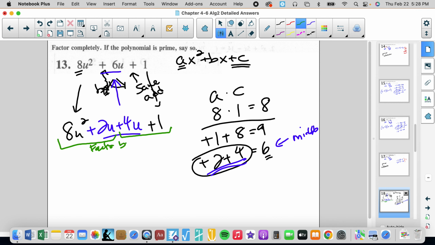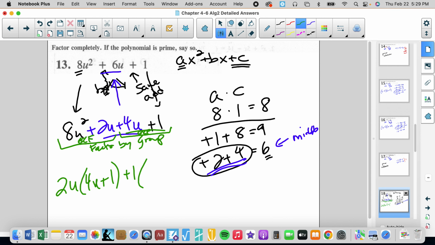Factor by grouping, meaning we look for the GCF between these 2 terms and the GCF of these 2 terms. So 8u squared and 2u, I'm going to factor out a 2u. That leaves you 4u plus 1. When I have 4u plus 1, oh wow, they start off with a tricky one. I'm going to factor out a 1. There's no GCF, so when you don't have a common factor, your greatest common factor is 1.